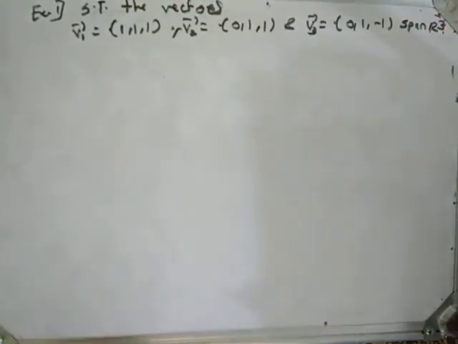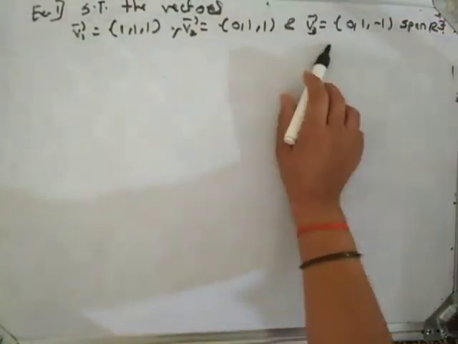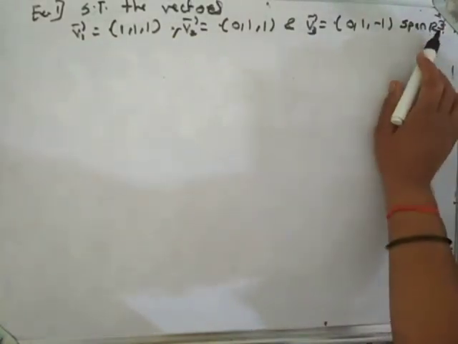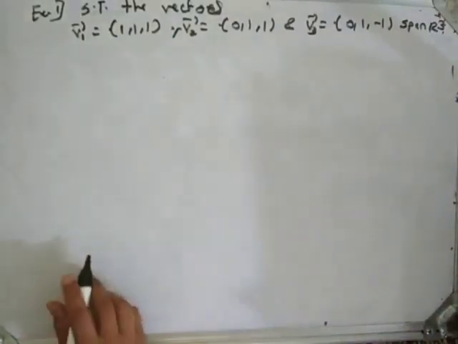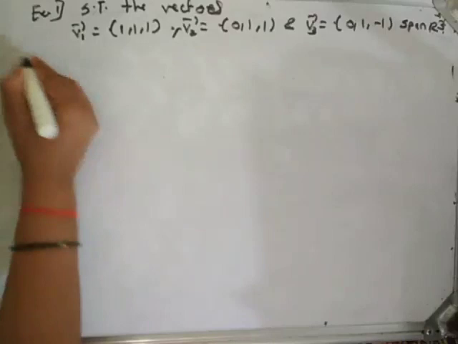Okay. What does it mean that these three vectors span R3? Every vector in R3 can be written as a linear combination of V1 bar, V2 bar and V3 bar. Okay. Solution.